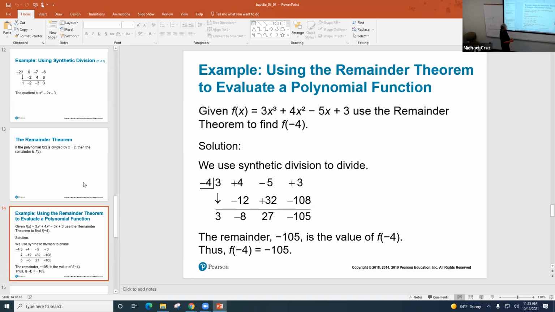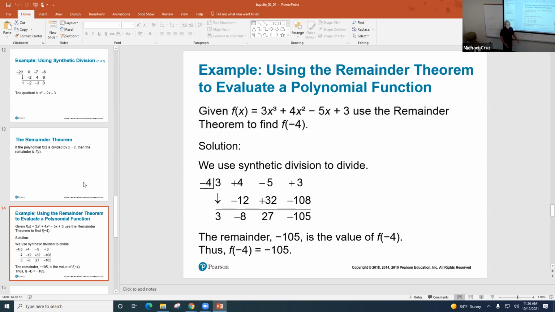Oh, so what I was going to say is, we also do this. Let's see, it's 3x squared minus 8x plus 27 minus 105 over x plus 4. Is that what you're asking about? I mean, that's what we also know.